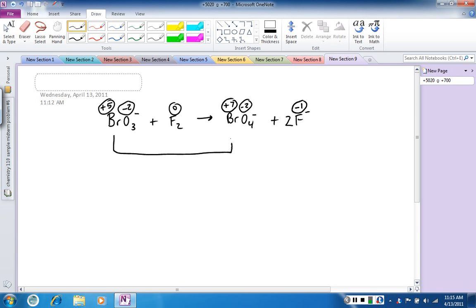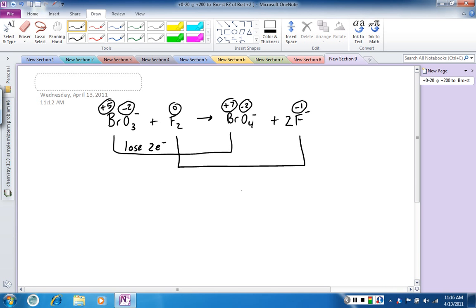Br plus 5 to plus 7. F 0 to -1. Br from plus 5 to plus 7, you're going to lose 2 electrons. F is from 0 to -1.